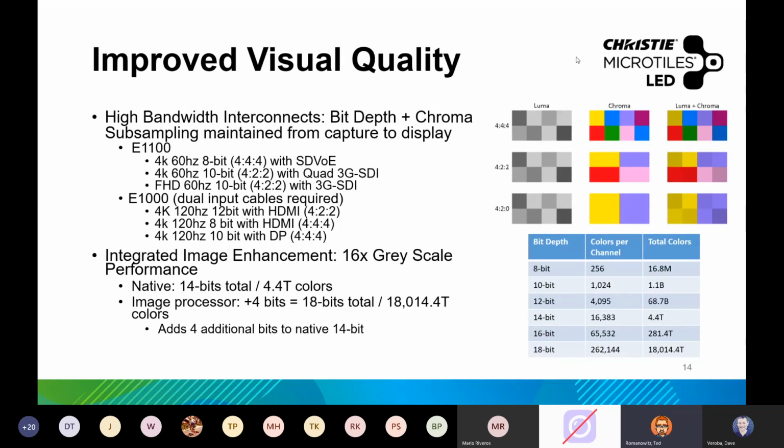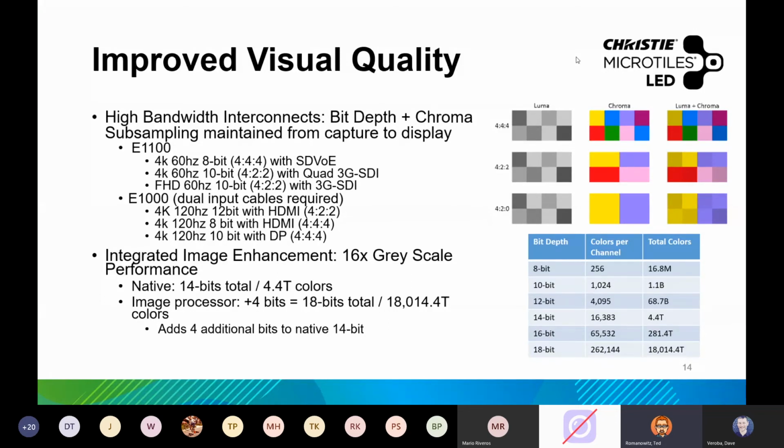I mentioned a little bit about the image processing. So again, this is something you need to be educated on, because a lot of our competitors claim 14 bits and all of that, and really they're only able to accept 8 bits in. What we're able to do is accept up to 12 bits in and do 14 bits of processing. So that gives you 4.4 trillion colors.